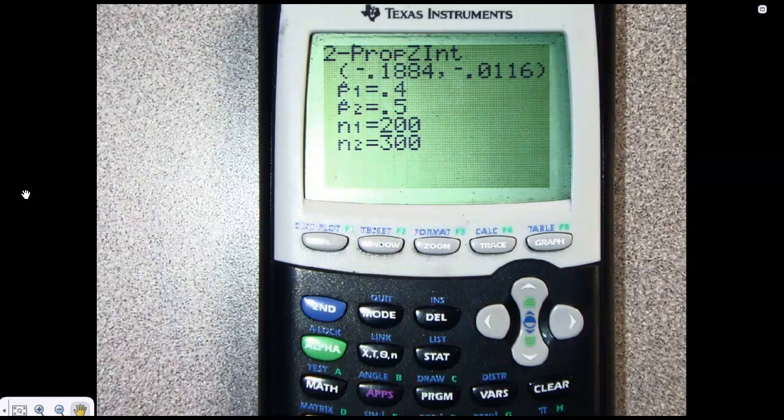But then you still have to be able to say, okay, blank plus or minus blank. They'll do the subtraction in the order that you gave it to them. So they're always going to do P1 minus P2. So what goes here? Negative 0.1, right?